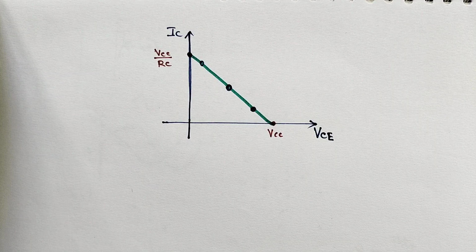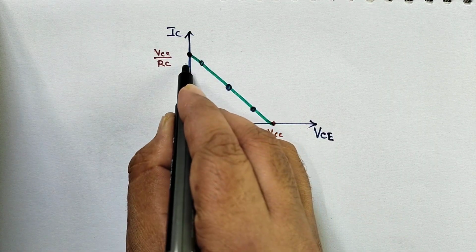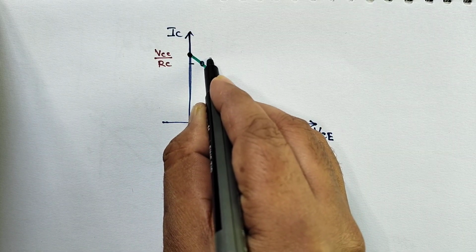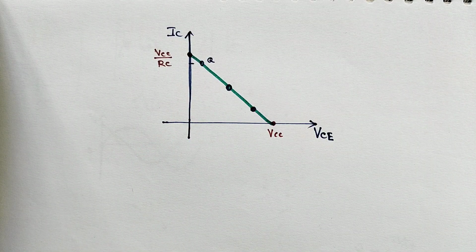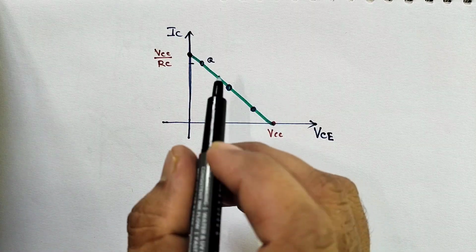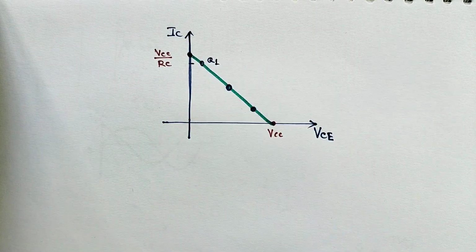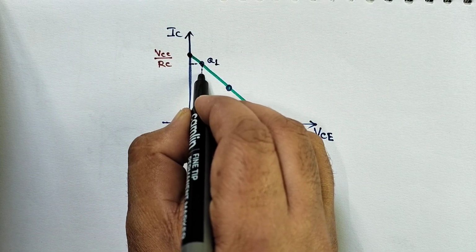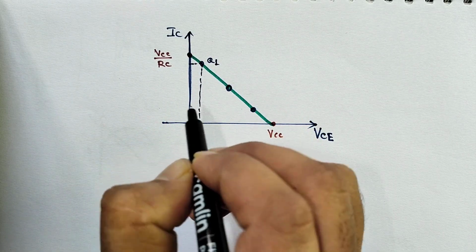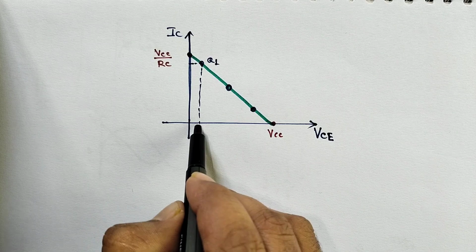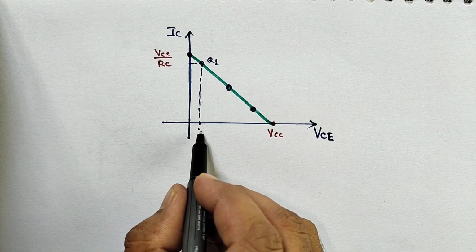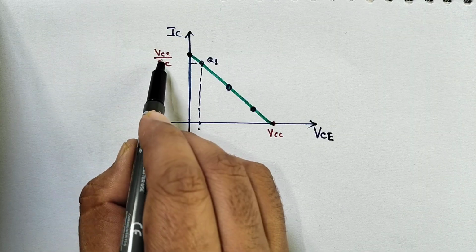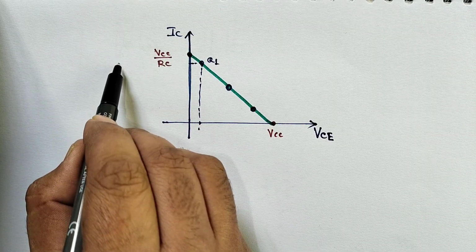Suppose I take this as one Q point, Q1. Here IC is high but VCE is low.